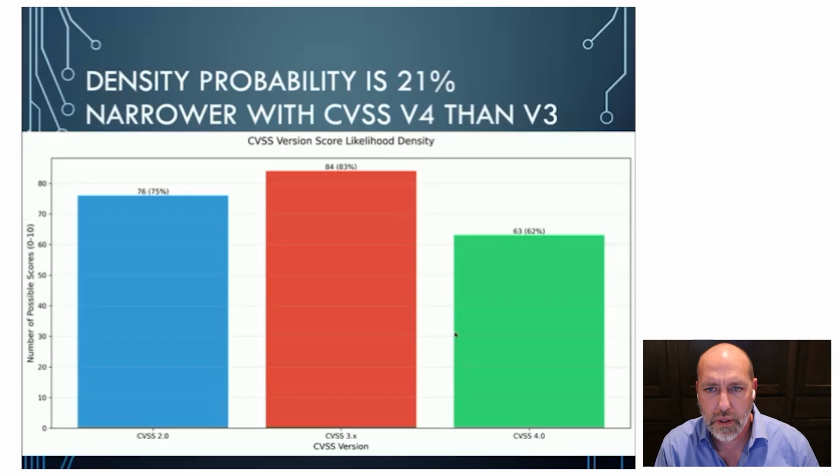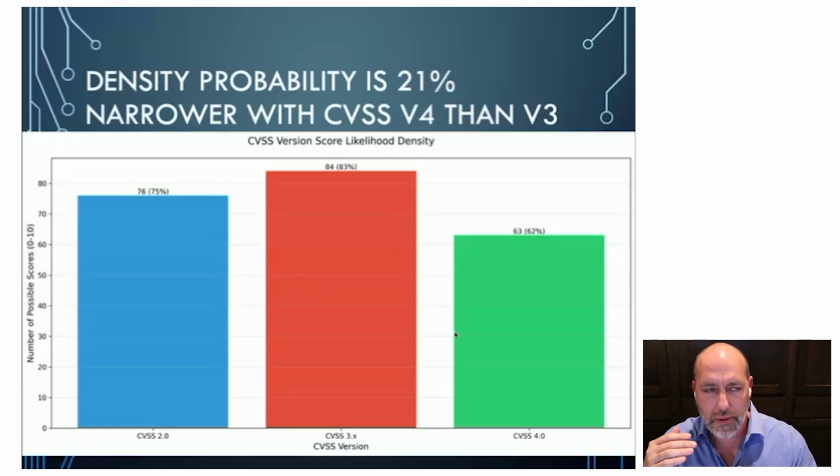The other weird thing about this one is the average score, the likelihood of you landing on any score goes down to 4.9. So it's actually lower. It's the lowest of the 3 or 4 that I looked at. This is the probability of you getting any score at all. The reason why the numbers are 1% less is because it's not exactly 100 values, because it's 0 to 10.